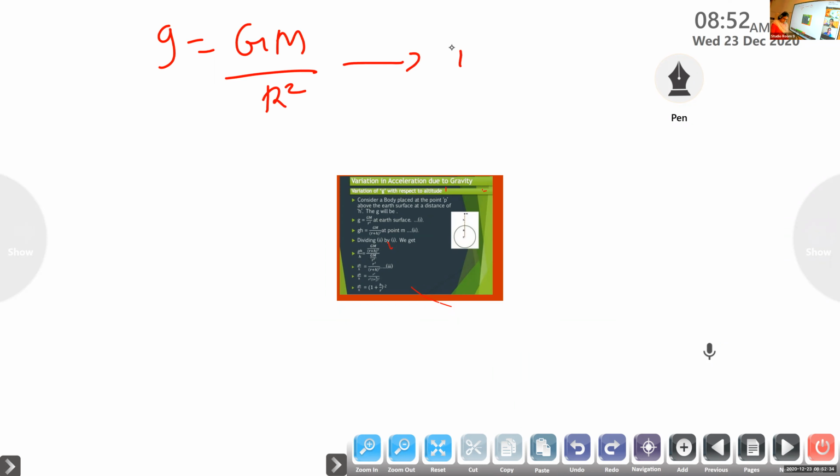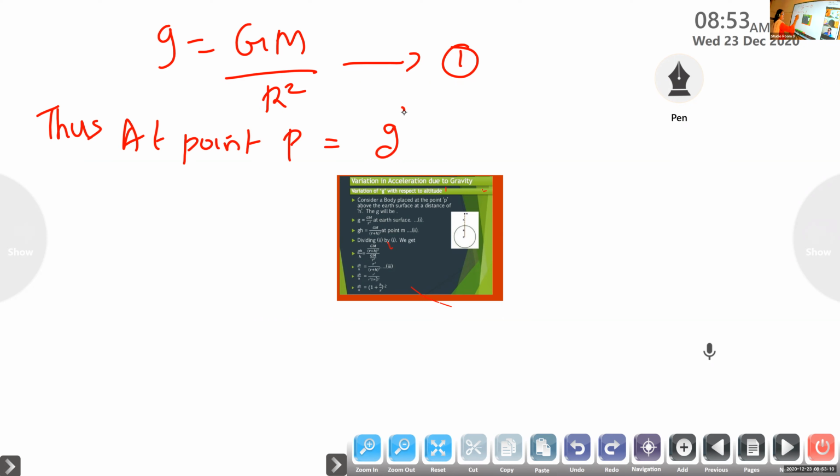Next line. Already we have given the introduction. Below that write: thus, the acceleration due to gravity of the body at point P, we consider as g dash.